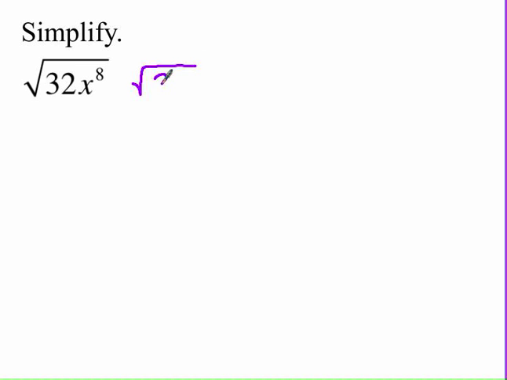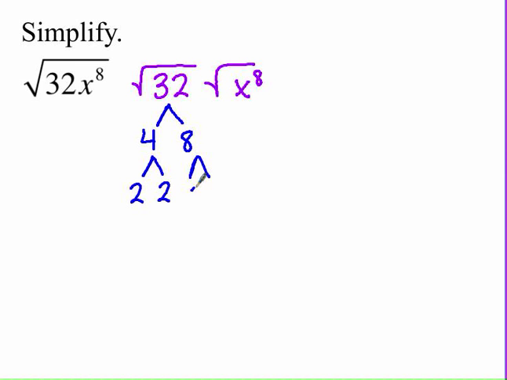Really what I have is 32 and x to the 8th, and it kind of works to split those up instead of looking at them as one whole term. So now I'm going to split up 32. I could do 4 and 8. I could also do 2 and 16. Doesn't matter, I'll still get the same result. And then remember, I'm going to break down each of these to where they are as low as they can go.